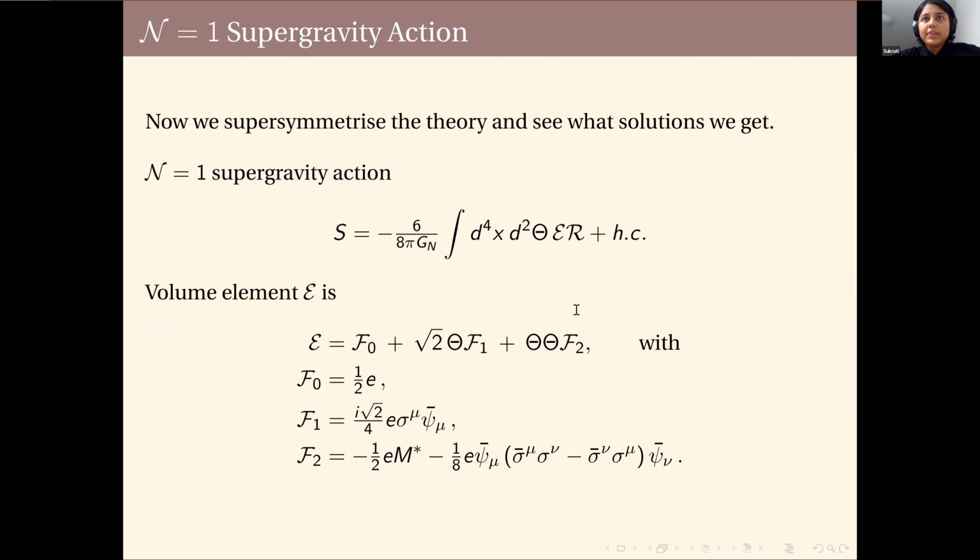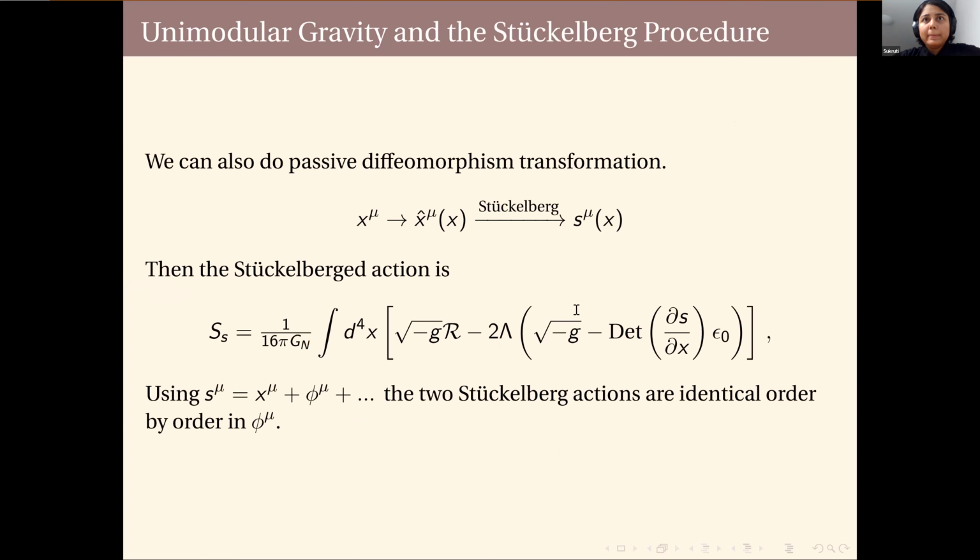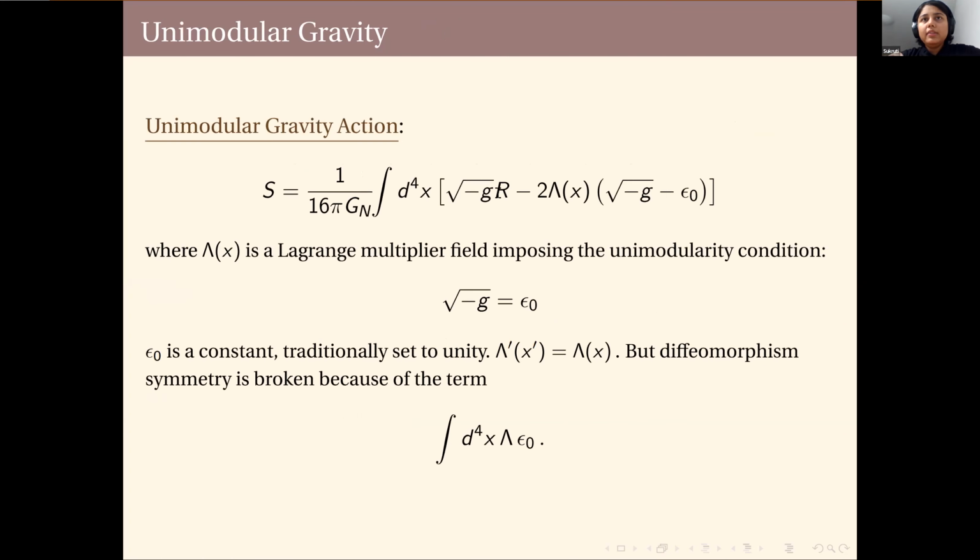Let me go to the simple example of unimodular gravity. So the determinant appears in these two terms, and if I rescale the determinant, now I already know that this term is breaking the symmetry, and rescaling the determinant for these two terms I don't think will break any symmetry for the action. So it appears to me that it's invariant under Weyl symmetry.